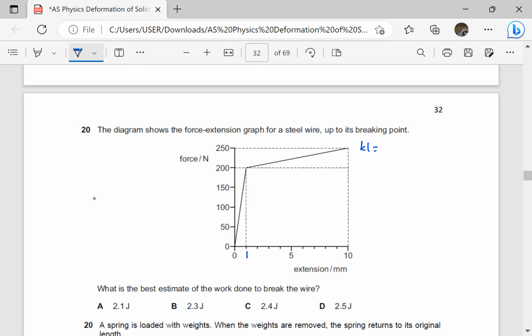Remember, this is going to be 1 to 10, that is 9. Then 200, so I'll say 200 times 9 times 10 power negative 3. That's the area of this rectangle.